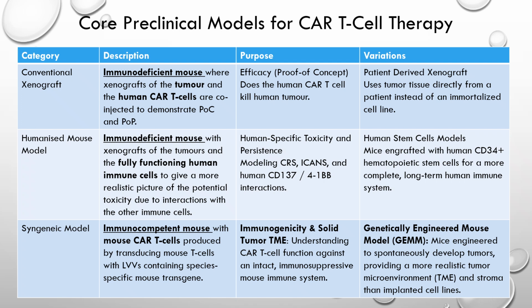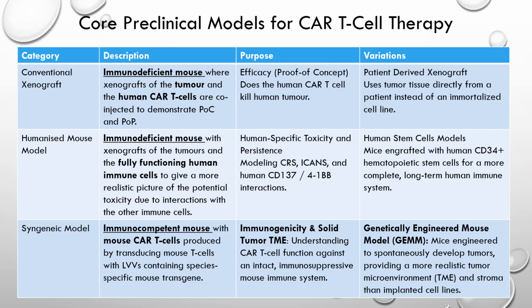In addition, when these T cells are activated, they also interact with other immune cells, which are then responsible for secreting interleukin-6, which is implicated in cytokine release syndrome. So this gives you a much more realistic understanding of the human-specific toxicities, and it gives you a better understanding with regards to persistence.